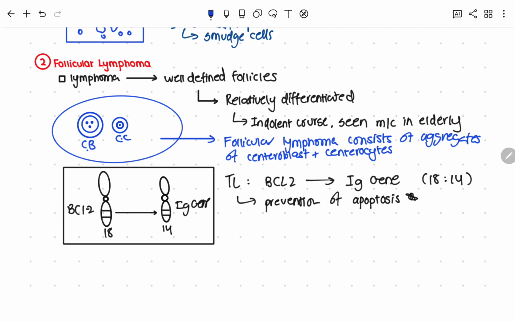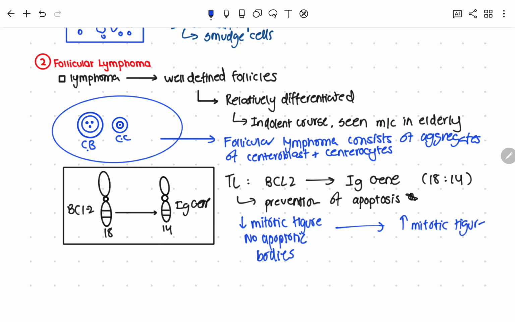You may be asked this question in the exam, and the giveaway is simply that in the case of follicular lymphoma, you have low amounts of mitotic figures and no apoptotic bodies. Versus in the case of a secondary reactive follicle, which will have high amounts of mitotic figures and apoptotic bodies.